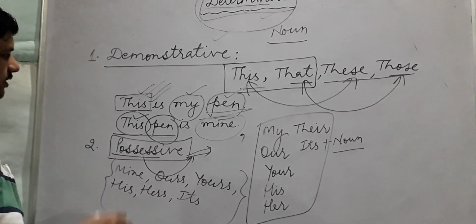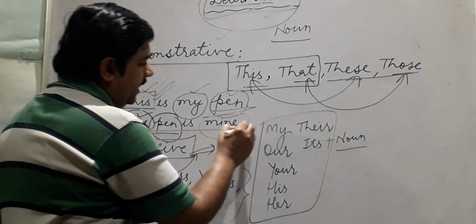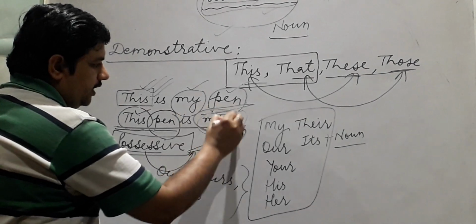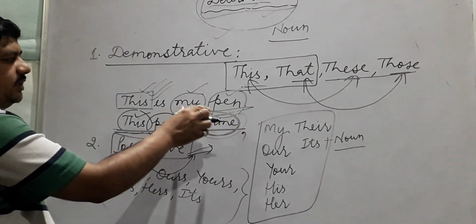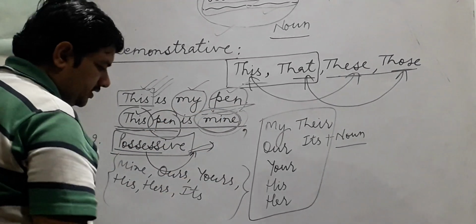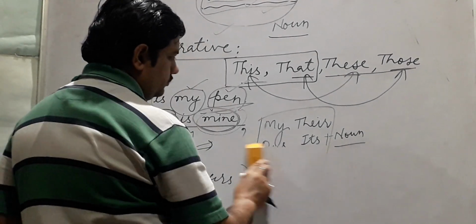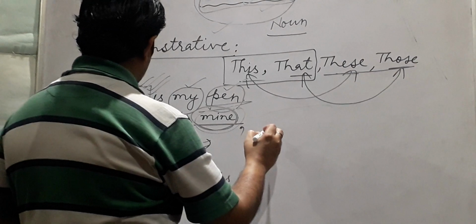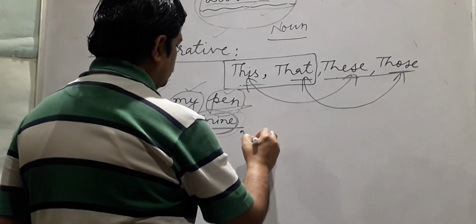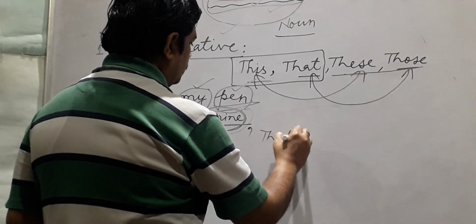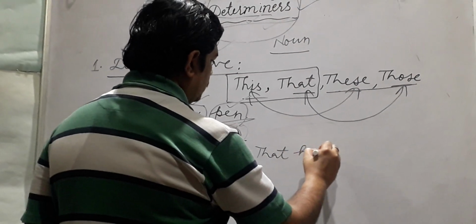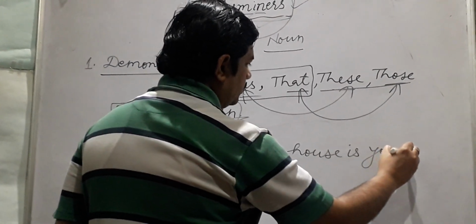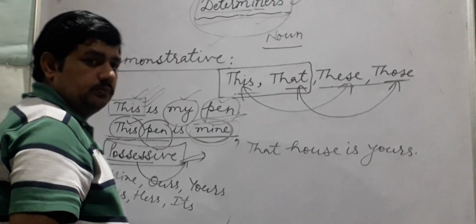Listen, the same sentence: this pen is mine. We can take another example also. That house is yours.